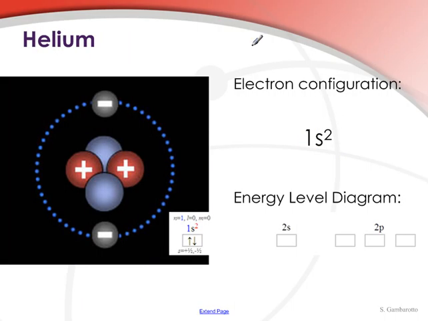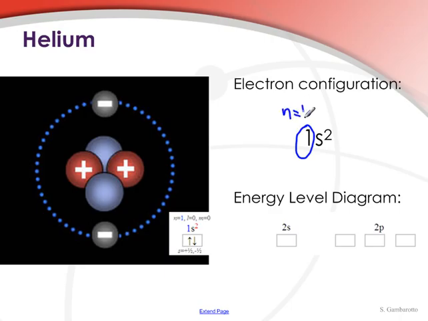Let's look at helium. Helium, we know, again, has 2 electrons. Here's a very simplified diagram of what helium looks like. We know from grades 9, 10 and 11 that both of those electrons are in the same energy level, the N equals 1 energy level. So again, here's the 1, and that goes with your N equals 1 energy level.